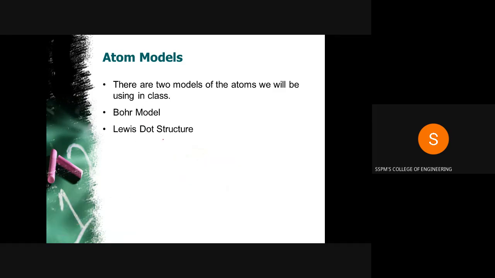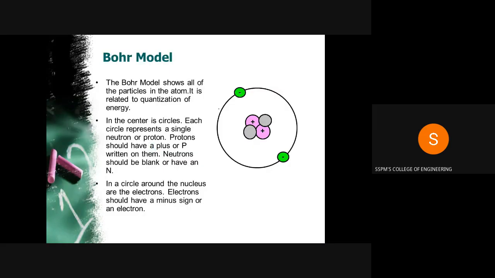Then the Lewis dot structure. This is about Bohr's model. Bohr's model shows all the particles in the atom, and it is related to quantization of energy. In the center, each circle represents a single neutron or proton. Protons should have a positive charge written in them, and neutrons should be blank or have a neutral n.